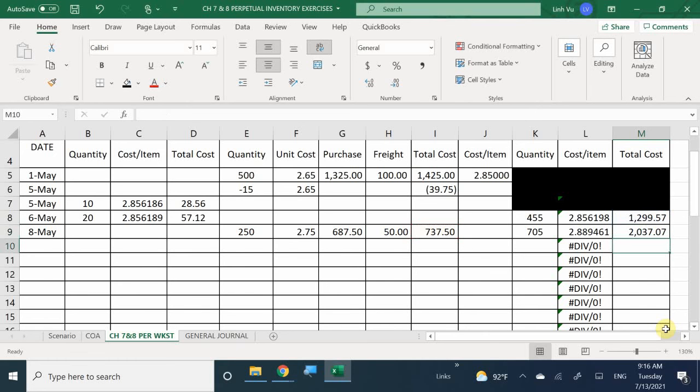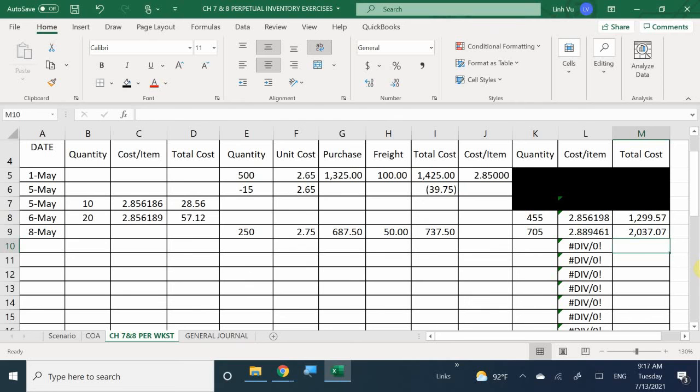$2,037.07. Good. So then now I've recalculated my new average cost per item and now it's bumped up 3.9 cents, right? It went from 85 to 88. All right, because I have a new quantity and I have a new cost. But check out my original cost.